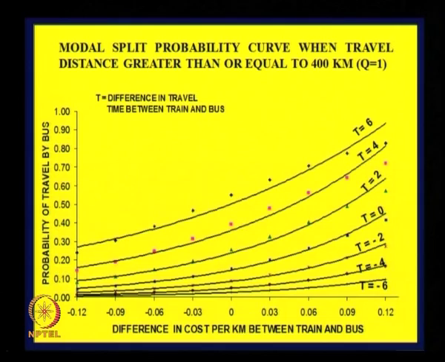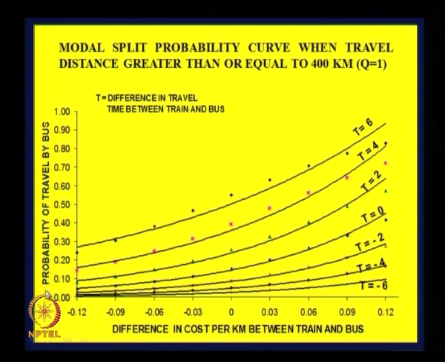For the purpose this kind of plots are made, it is nothing difficult. What we have done is we have taken the difference in cost per kilometer between train and bus, Tt minus Tb, on the x axis.